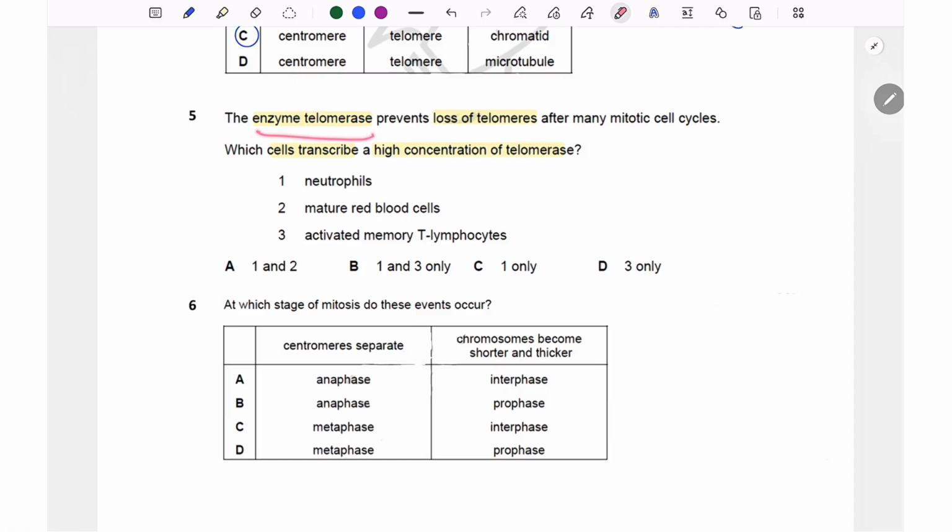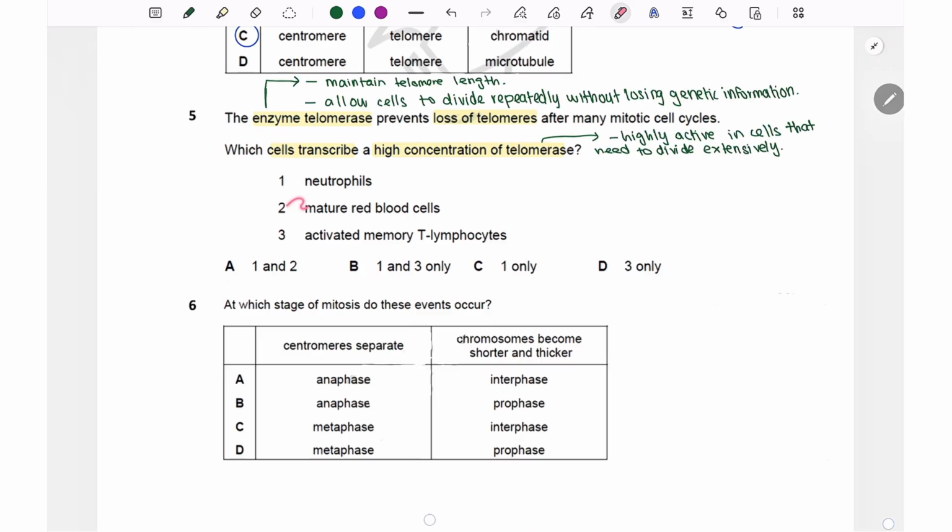This is the enzyme that maintains the telomere length, and that allows the cell to divide repeatedly without losing the genetic information. Because of this function, it's going to be highly active in cells that need to divide a lot and divide rapidly. Think like cancer cells.